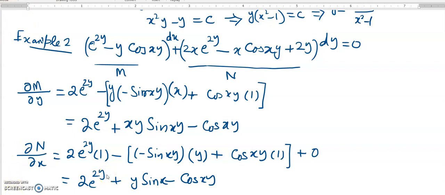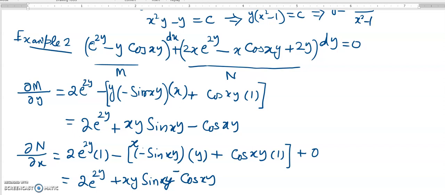Yes, there was a small mistake over here, because when differentiating with respect to x, there should be x into the derivative of this cosine. Let me put x here. So there should be x, and then the derivative of cosine xy is minus sine xy, and from the chain rule it will be y. Therefore it will be plus xy sine xy, and then minus cosine xy.